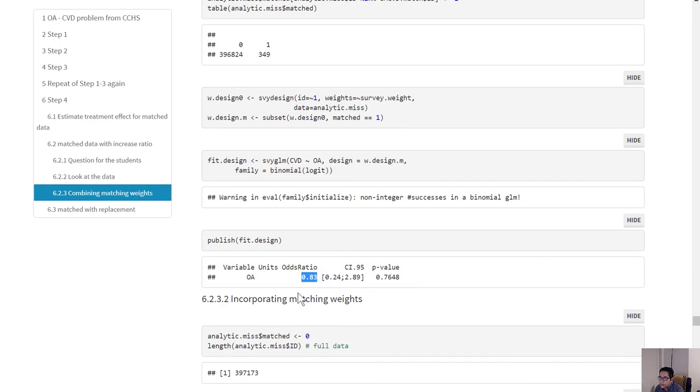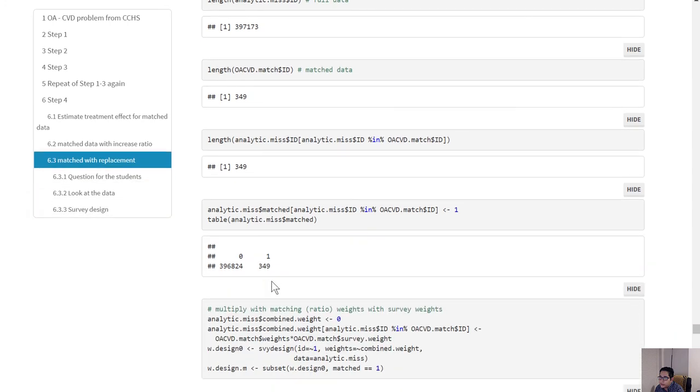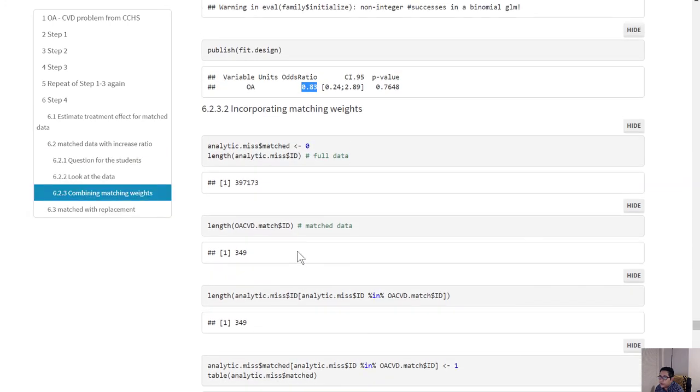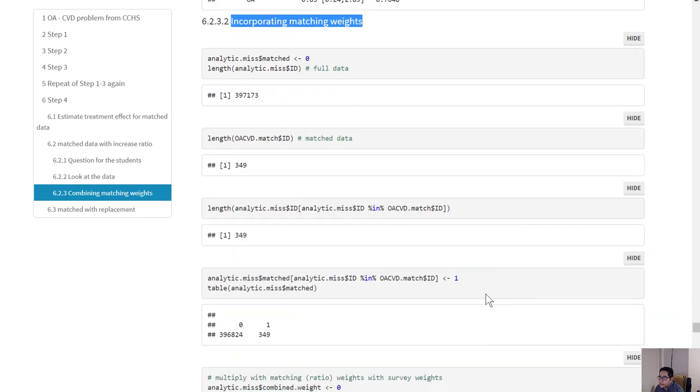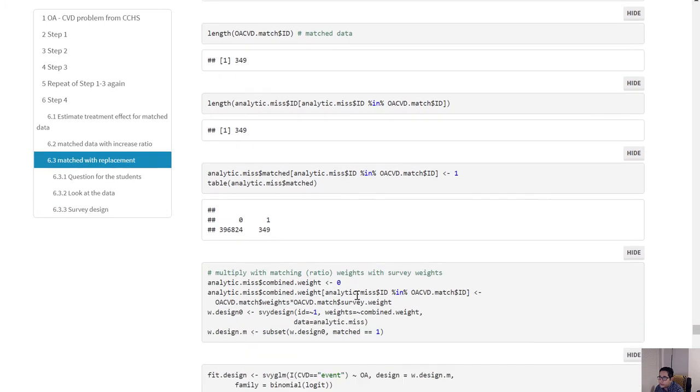Okay. If we want to take into account of this matching weight, which would be the better way of doing analysis, then what we can do is we can multiply the weights with the survey weights to get the new weights for the design that we will create.